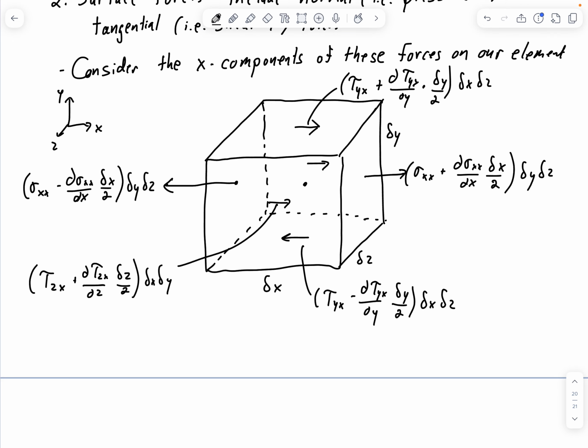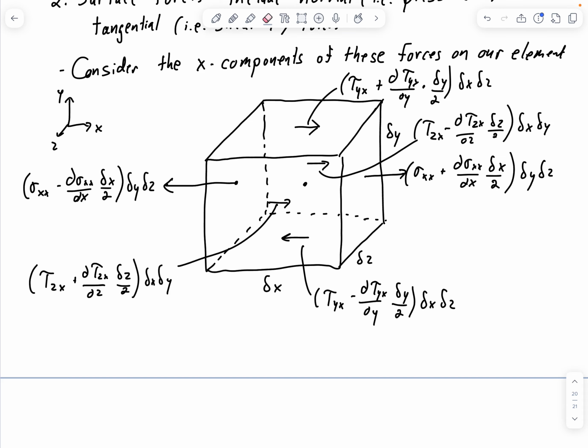And finally, for the back face, we'll draw this right here. This will be tau of zx minus del of tau zx by del z times delta z over 2, and this is multiplied by the area of that face, which is delta x times delta y. So these are our 6 different surface forces that are acting in the x direction.